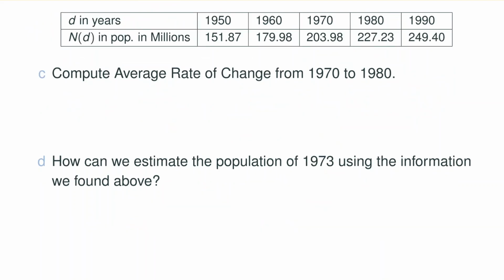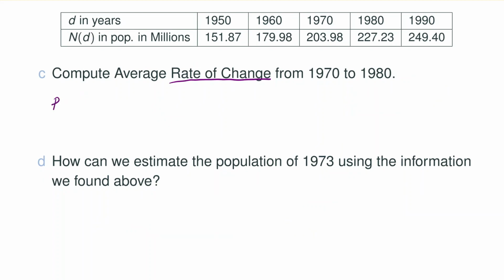Compute the average rate of change from 1970 to 1980. Here it is asking us to find the average rate of change of population from 1970 to 1980. When we find the average rate of change of anything, it is the relationship between two quantities.